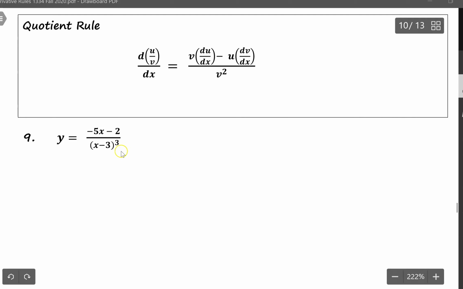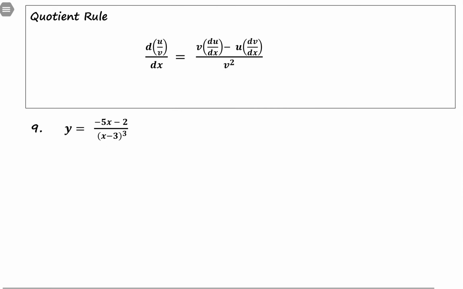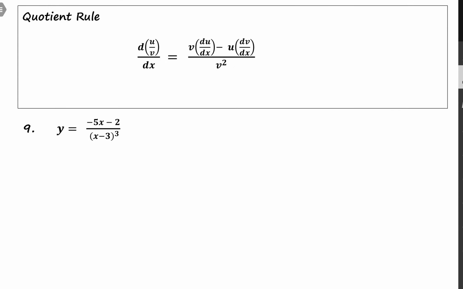You probably ask this question: why don't I take x minus 3 raised to the exponent 3 and bring it up as a numerator, which is x minus 3 to the exponent negative 3, and then apply the product rule? The argument is that some students told me it is more simplified, so I don't need the quotient rule at all.